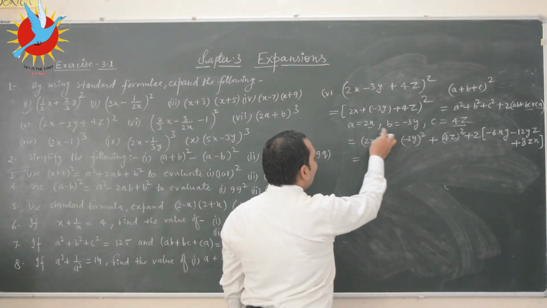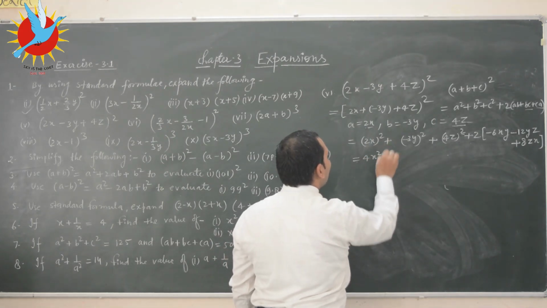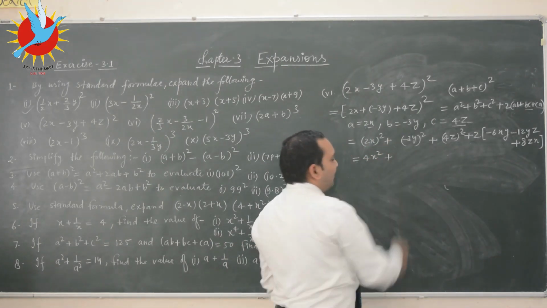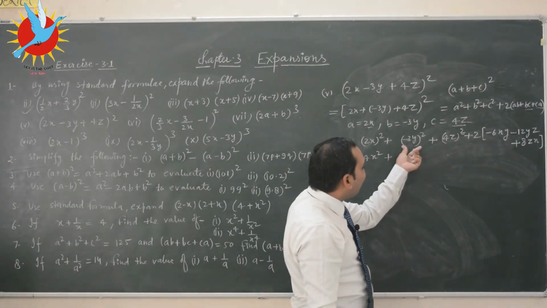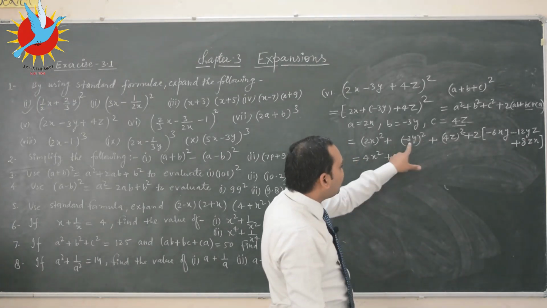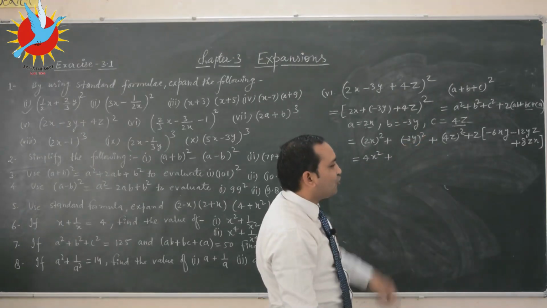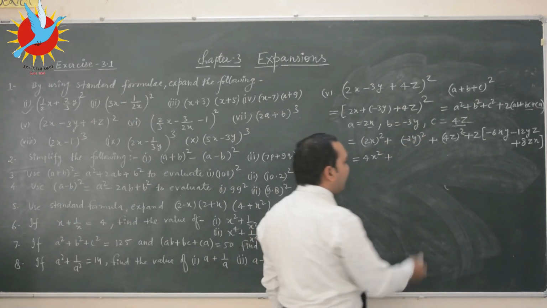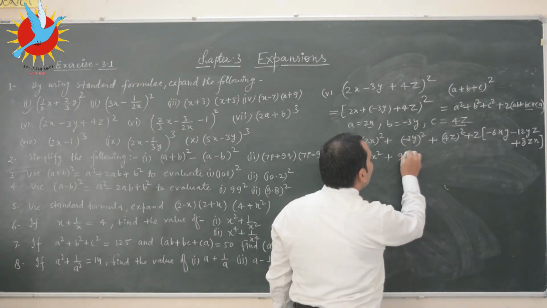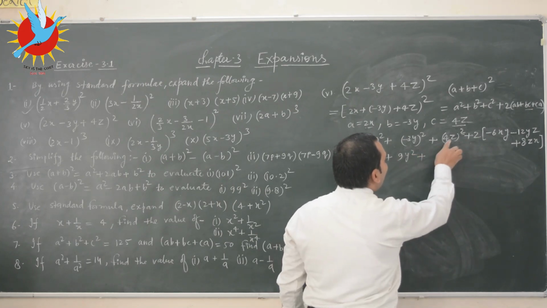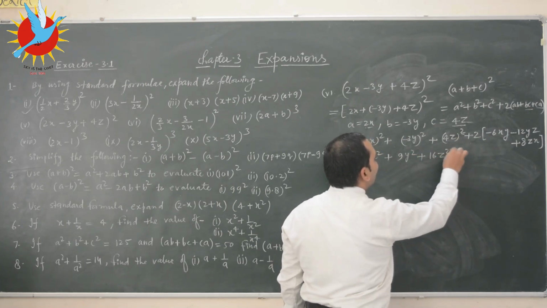Similarly, 2 square is 4, and the square of any negative number is always positive, so (-3y) whole square is equal to -3y into -3y, which is 9y square. Plus (4z) whole square, 16z square.